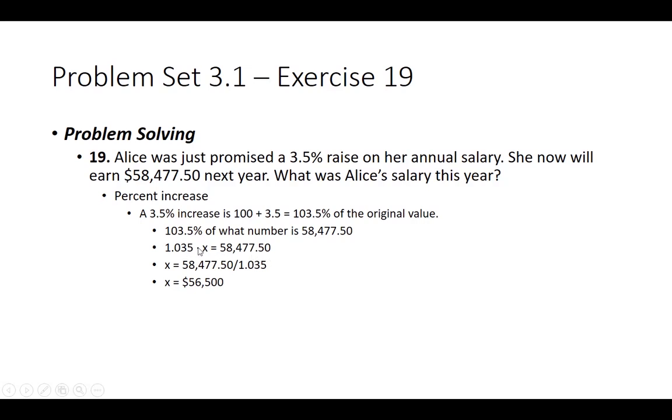We can solve this by dividing both sides by 1.035, and 58,477.5 divided by 1.035 calculates to 56,500. So Alice's salary this year was $56,500.